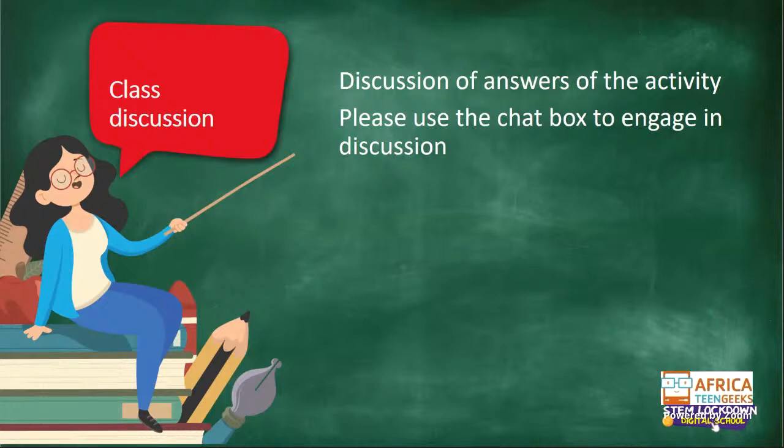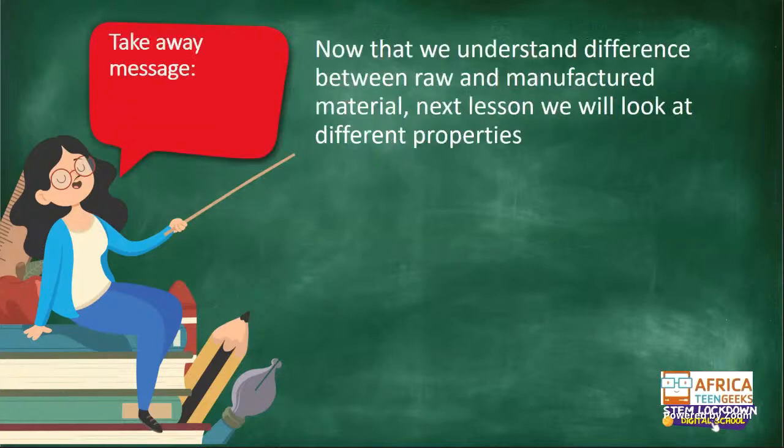When you take wood and process it so that you get a table, it means that wood is your raw material and the table is your manufactured material. Okay. The message to take home is that now you are able to differentiate.